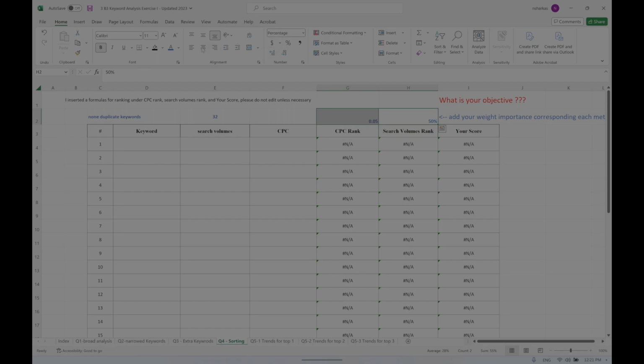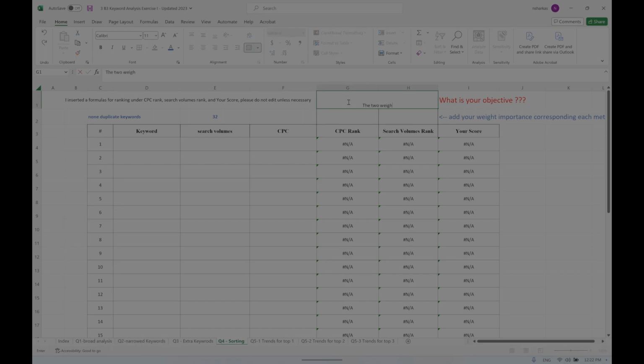Do you want to add weights for each one, or are they all the same importance to you? These two are supposed to total 100, so please make sure that these two sum to 100.